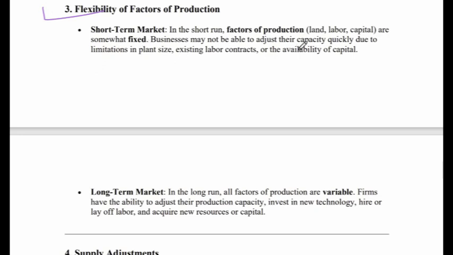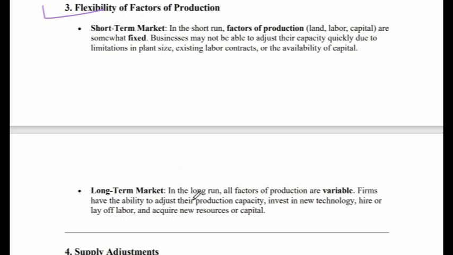Businesses may not be able to adjust their capacity quickly due to the limitation in plant size, existing labor contracts or availability of capital. तो short run में short term market में, factors of production are not flexible क्योंकि उसको instantly change नहीं कर सकते हैं. Land आप immediately बेच नहीं सकते हो, labor suddenly नहीं ला सकते हो, capital भी raise नहीं कर सकते हो. तो in short term it is less flexible.